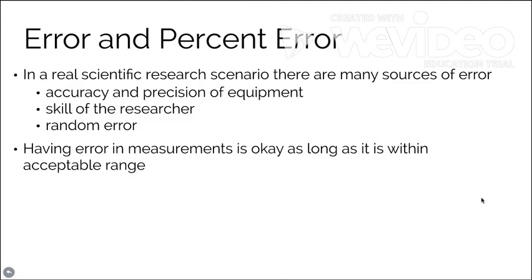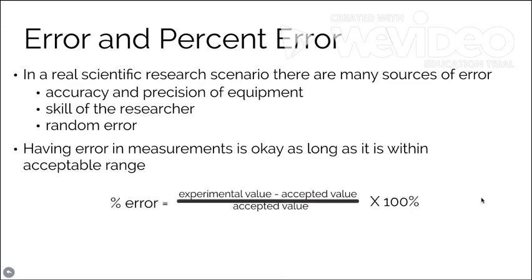Now, that doesn't mean that science can't be trusted, but it's okay to have these errors as long as it's within an acceptable range. You don't want to be too wrong, but you can be a little bit wrong. All right, and to calculate that acceptable range, it could be different every time. So we have a simple formula to calculate that acceptable range. It's called the percent error, where we just take the experimental value, whatever you measured, whatever result you get, and compare that to the accepted value if it's known.